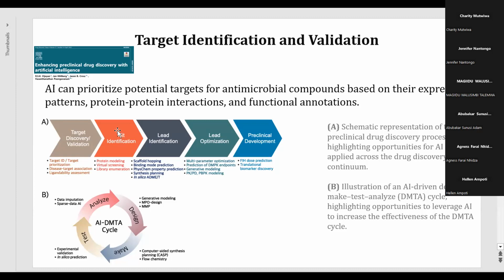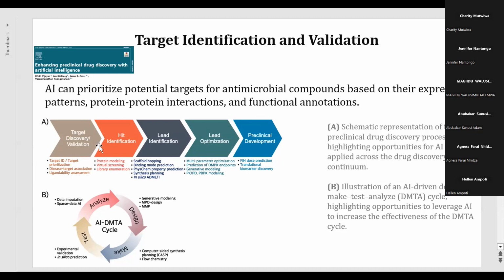First you do that, and then you do the hit identification. So what are the different hits that you get? Then the lead identification, lead optimization. You optimize the lead, and then that particular lead, that is that particular antimicrobial compound, goes for clinical development. All these things can also be done by AI.